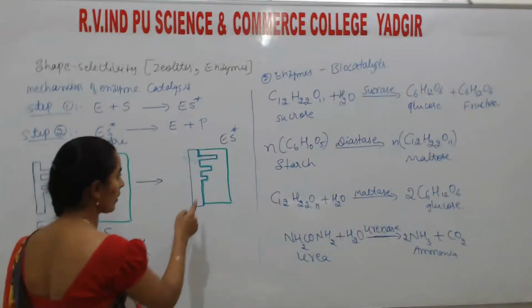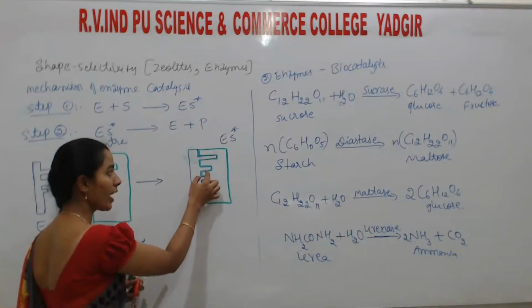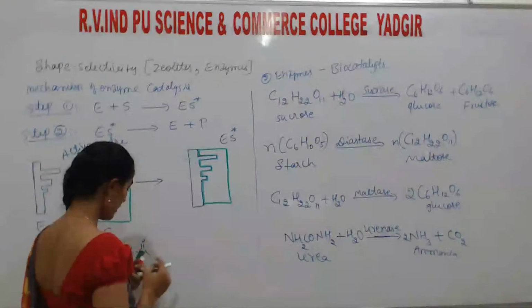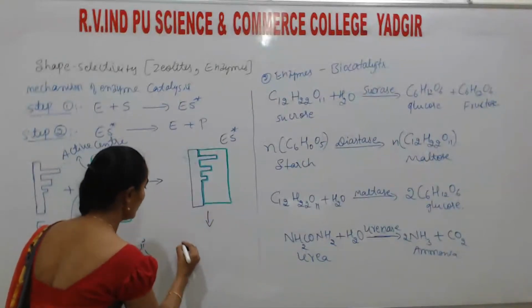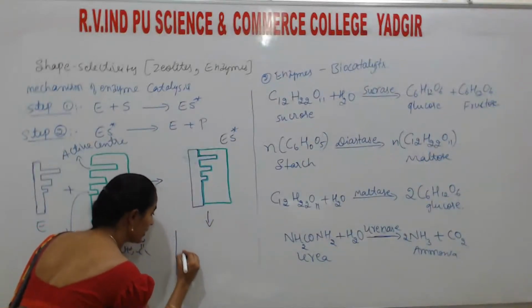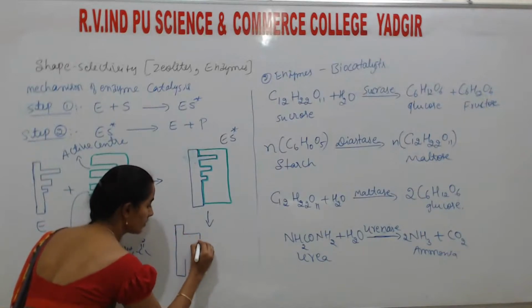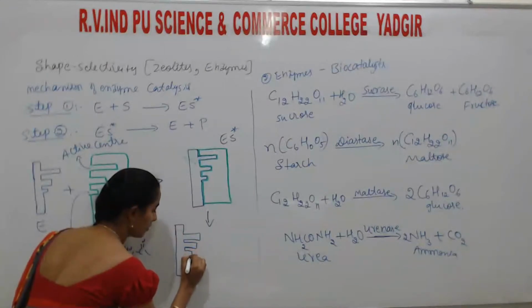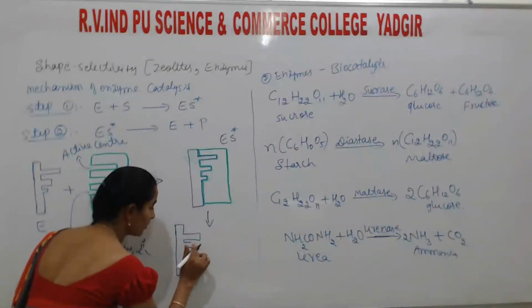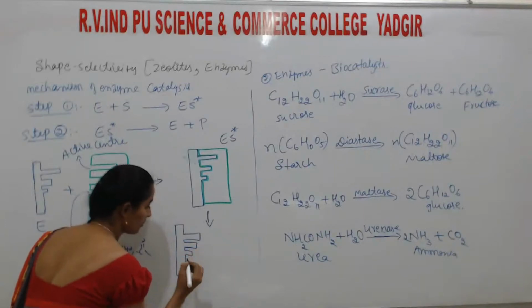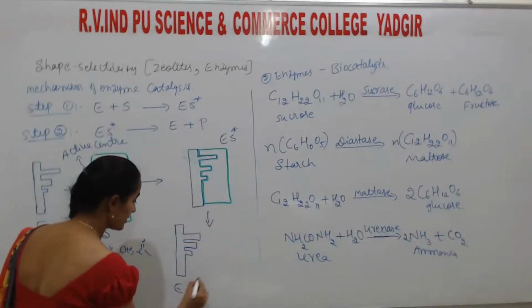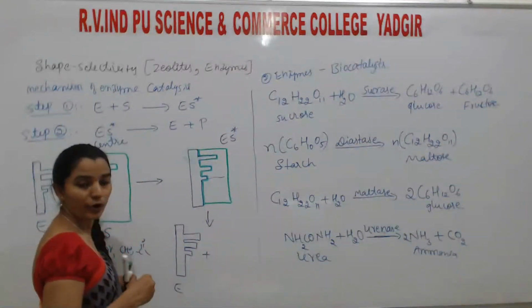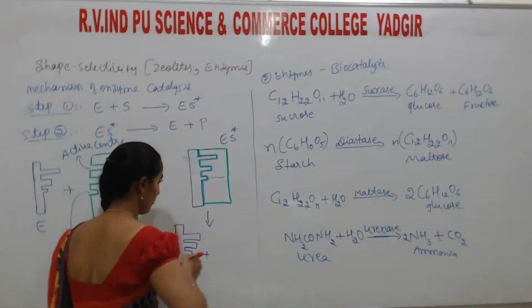So students, next what happens? This enzyme reacts with this reactant molecule and it breaks. Then they form. The enzyme is generated again as it is, and this reactant breaks and forms products.